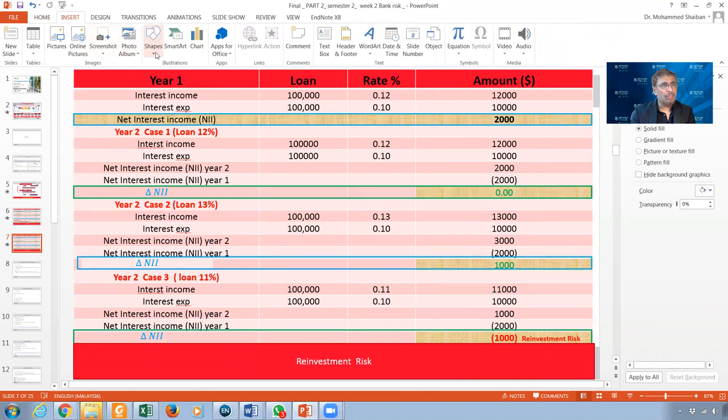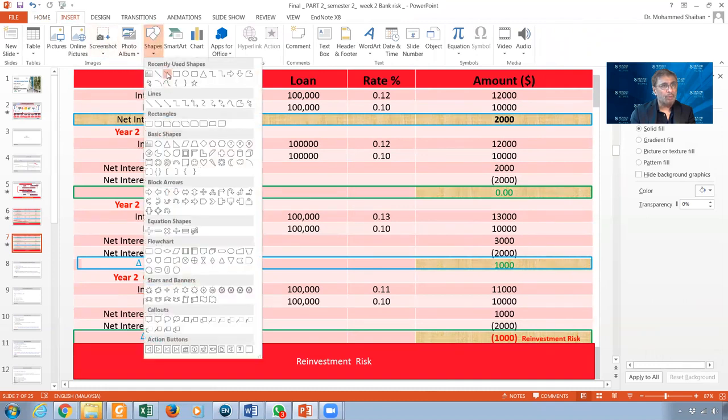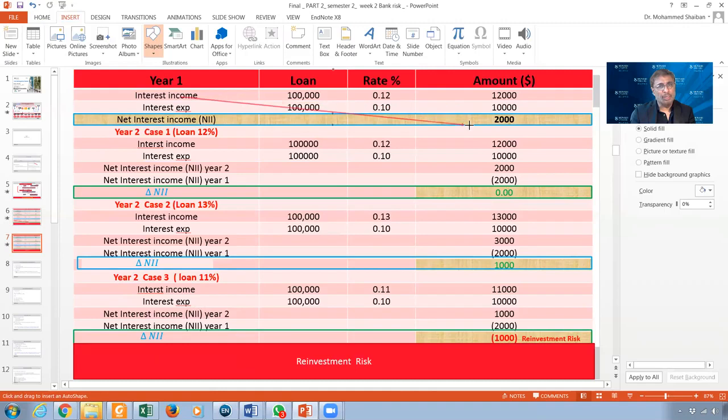Let's go and do the same thing here, and let's look at here. So this is the first year, as I told you, I'm getting 2,000. But now what is fixed is actually my deposit. Now I'm having a deposit for 2 years and a loan for 1 year. So on the deposit I will pay 10% the first year, 10% the second year under the 3 cases.